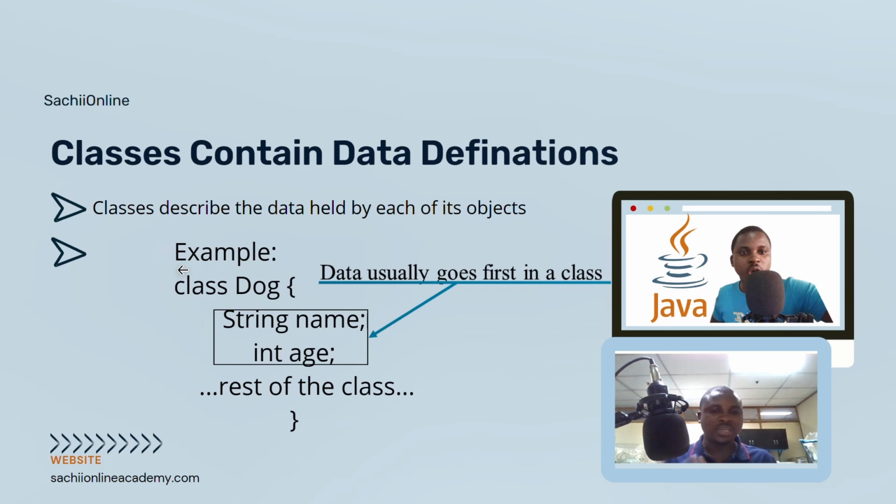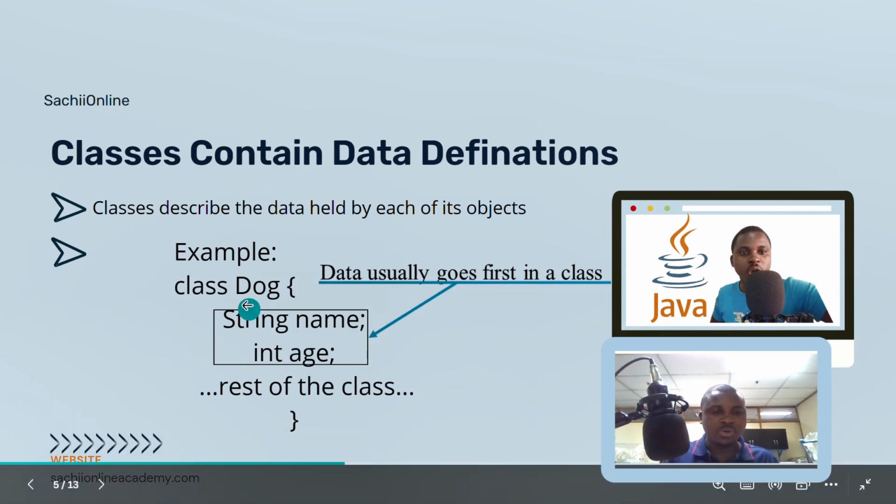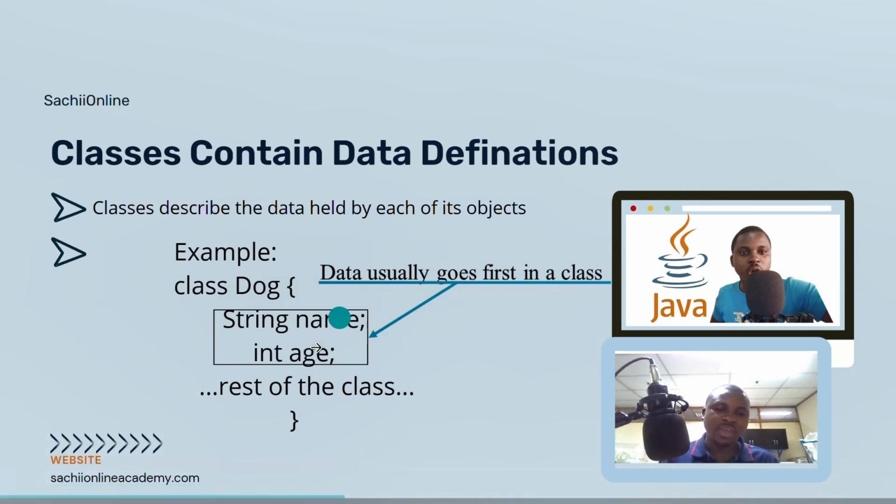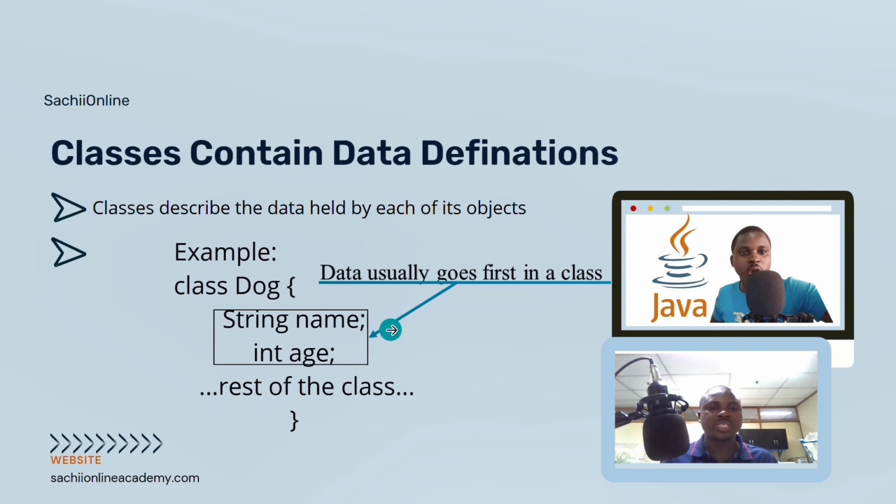So classes describe the data held by each of its objects. We are saying for you to have an object you need a class. The class itself holds the data which will be describing the objects. So which data? Here, for example, this dog has got a name and age. This data is the one which actually describes the object.